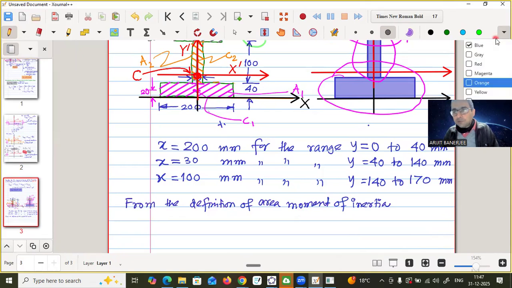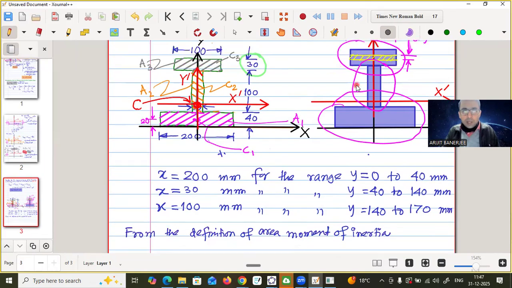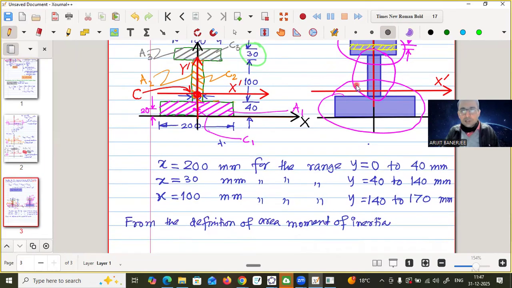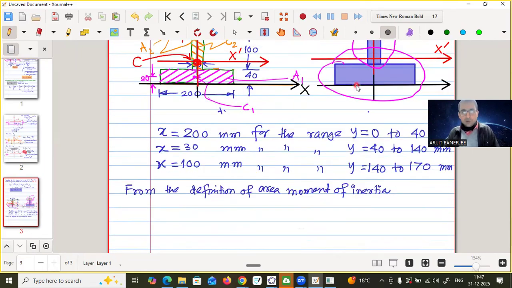So there is no problem. Now I will calculate directly about the x prime axis. Therefore, we have to measure all the distances from the x prime axis. So what is the definition?